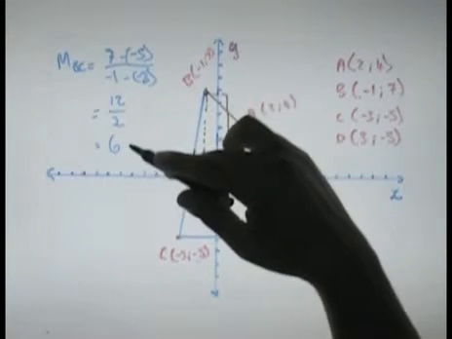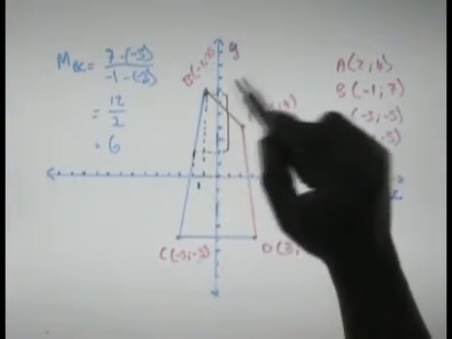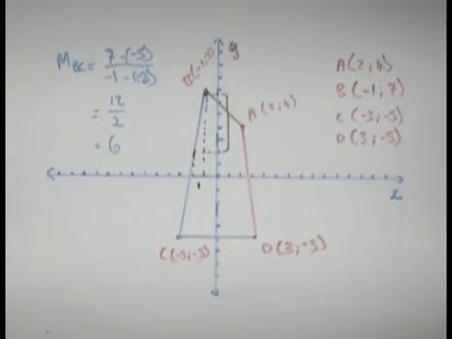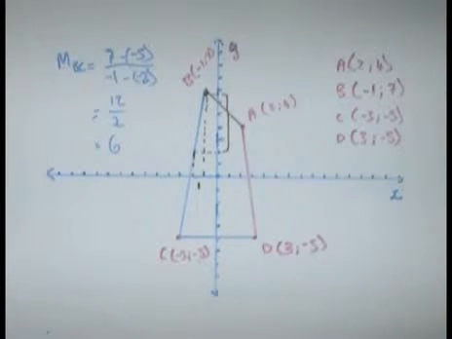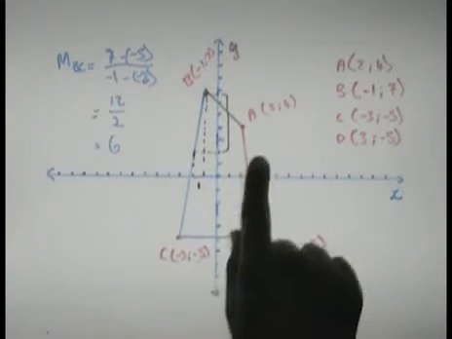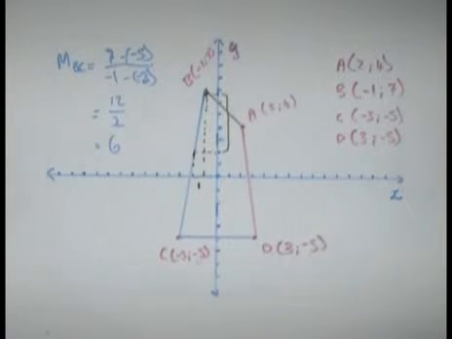So a big gradient means that for every 1 increase of x, the y increase is the gradient amount of times. So in this case, an increase of 1 in the x would lead to a 6 increase in the y, because it's change in y over change in x.